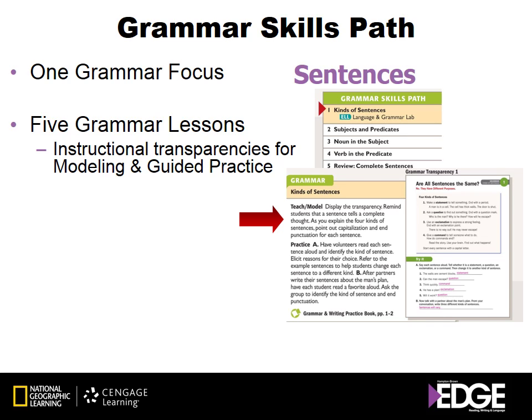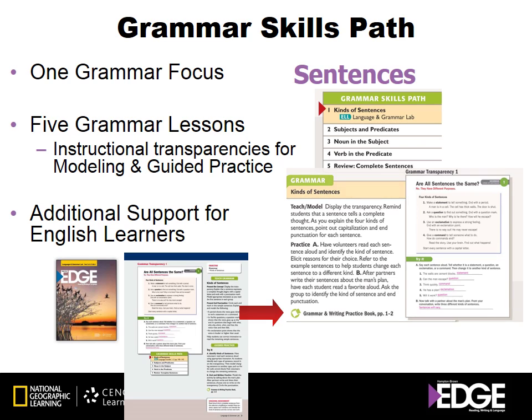You'll also see built-in instruction for that transparency, which begins with the teacher modeling the grammar skill and how it works using the top portion of the transparency, which you're projecting on your whiteboard. Then students receive guided practice using the try it portion of that same transparency. Finally, students practice what they've learned on their own in their grammar and writing practice book.